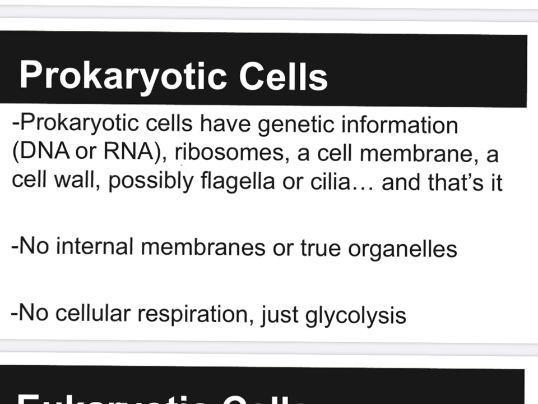They also contain ribosomes because they need to be able to make proteins, and they have a cell membrane because there needs to be a barrier between what is the cell and what is not the cell. Sometimes they will have a cell wall outside the membrane. They might have some little flagella or cilia if they're a cell that swims or moves around, and that's it.